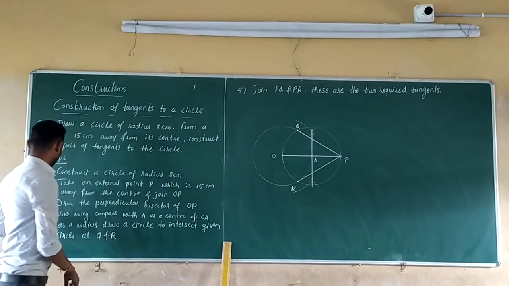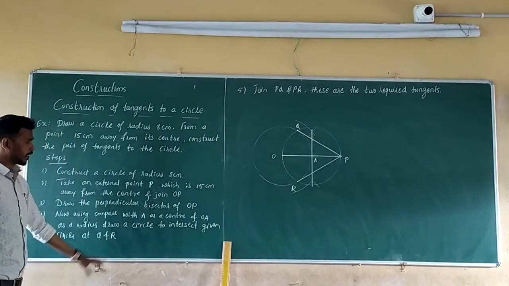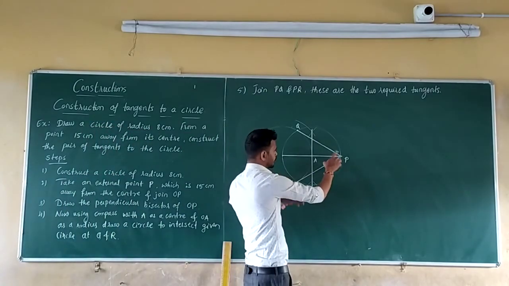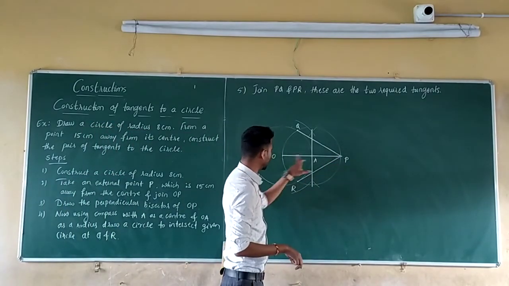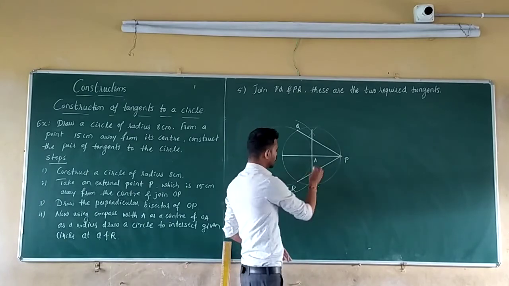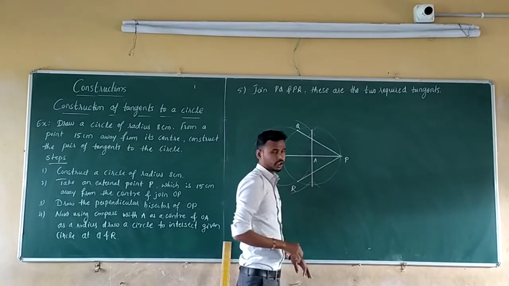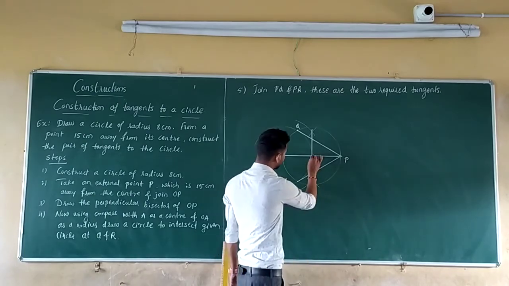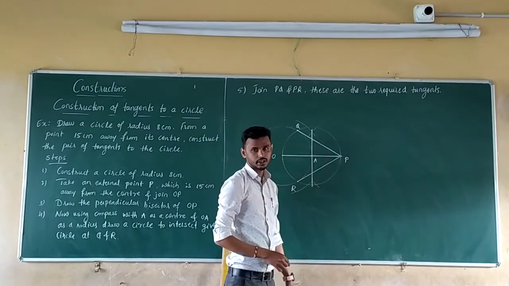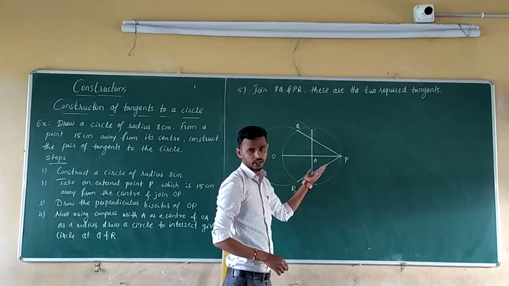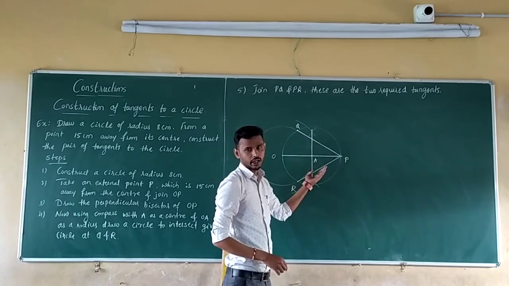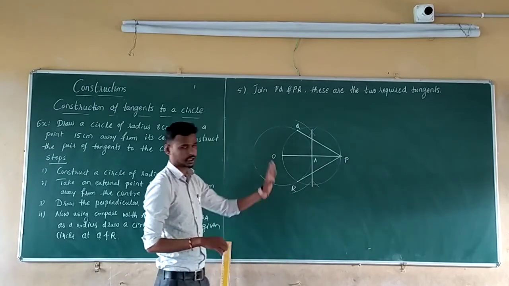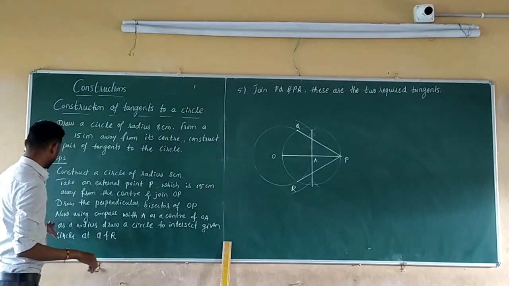Next, draw the perpendicular bisector of OP. After joining OP, draw the perpendicular bisector of OP, and where the perpendicular bisector and the given line segment intersect each other, take that point as A, just a representation. You can take other alphabets also, whichever you want.